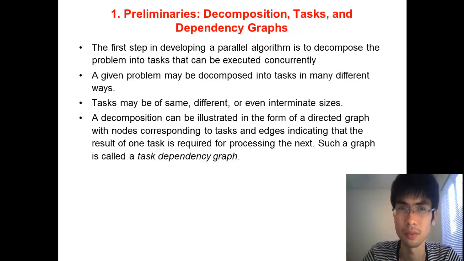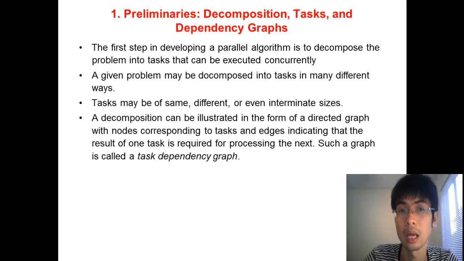Here, the first step in developing a parallel algorithm is to decompose the program into tasks that can be executed concurrently. A given program may be decomposed into tasks in many different ways, and about the dividing techniques, we will talk about this later.